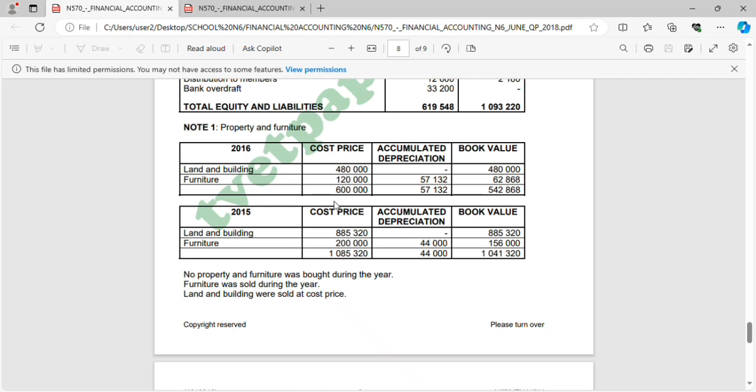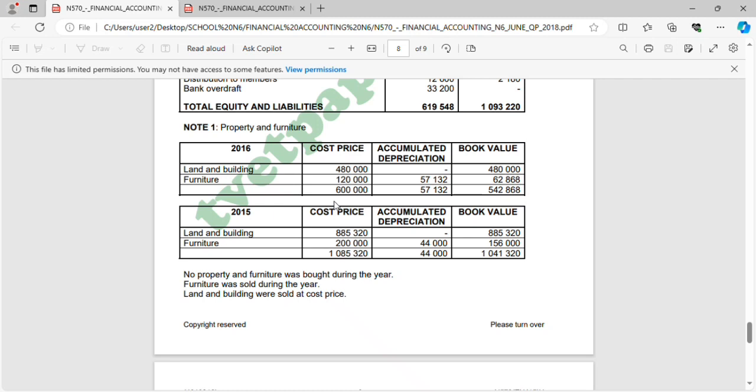We have the previous year and the current year. The previous year amount, I'm just going to use the cost price for furniture, is 200,000. We're going to less 120,000, so we're going to have 80,000.